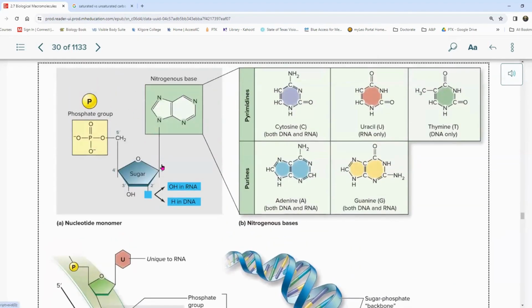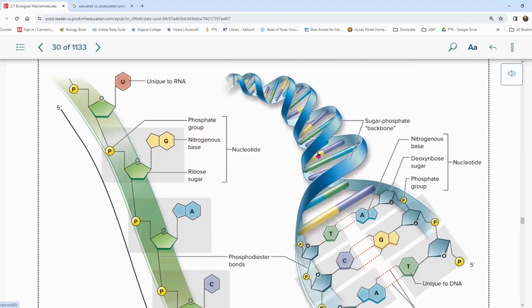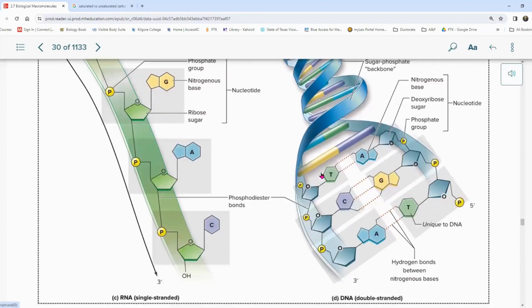So here is just showing how the sugar ribose or deoxyribose is within the nitrogenous bases that make up the backbone of our DNA. And now you can actually see how we know this pretty image. However, it's actually all of these put together. So you have your phosphate group, your deoxyribose sugar, and then your nitrogenous base.